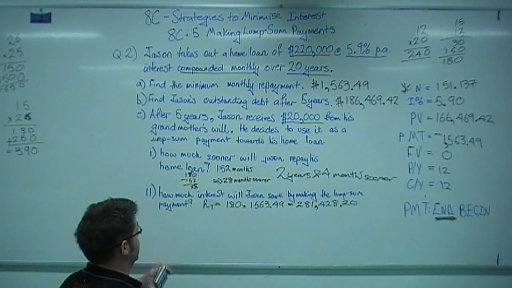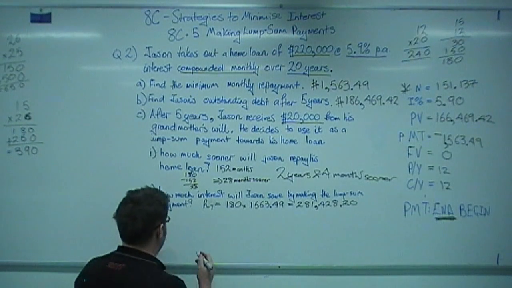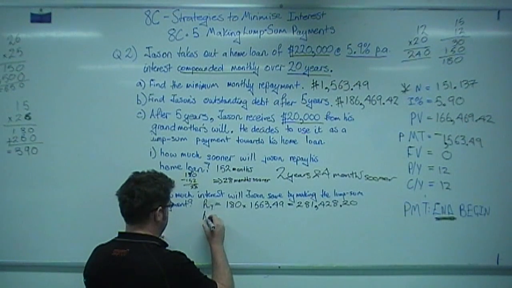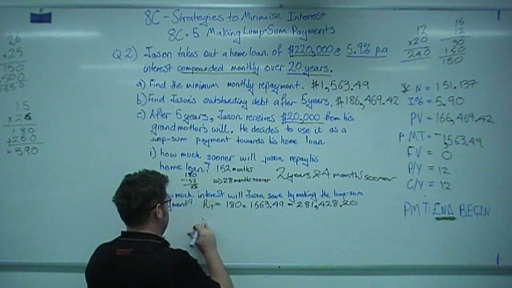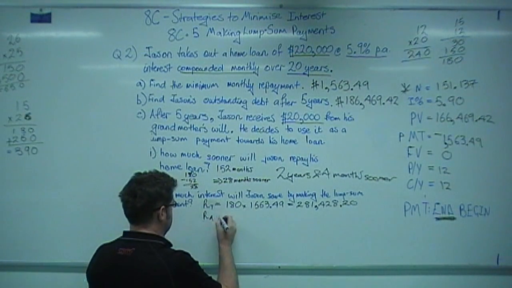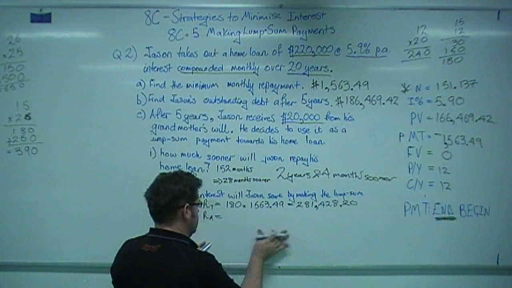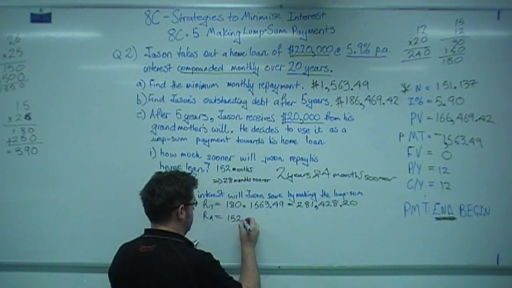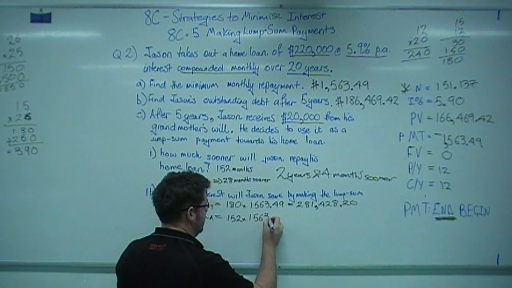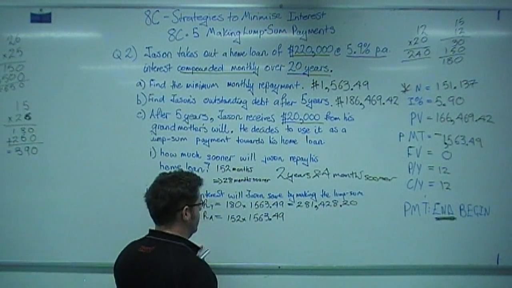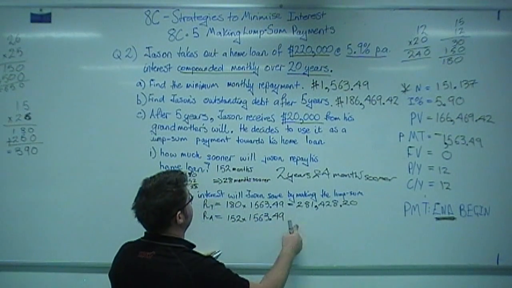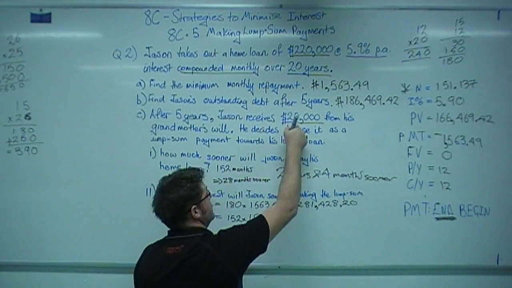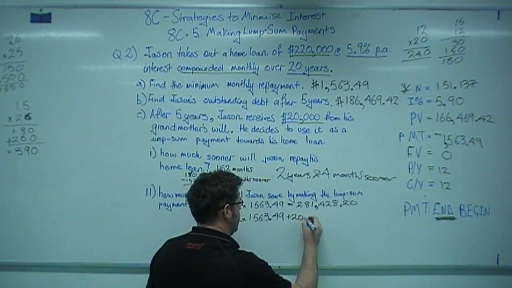So now we have to calculate what his actual repayments were. Okay, so the repayments actual, what he has paid on the loan, is 152 times by 1563.49. Now we also have to remember here, he's also had to make an additional total repayment, so his actual repayments, he's added another $20,000 here.